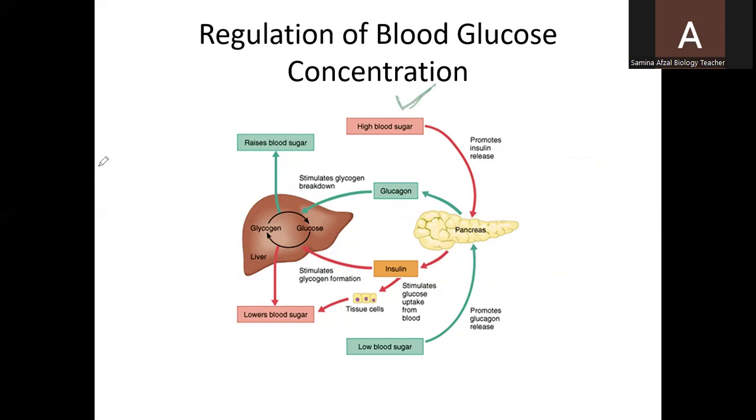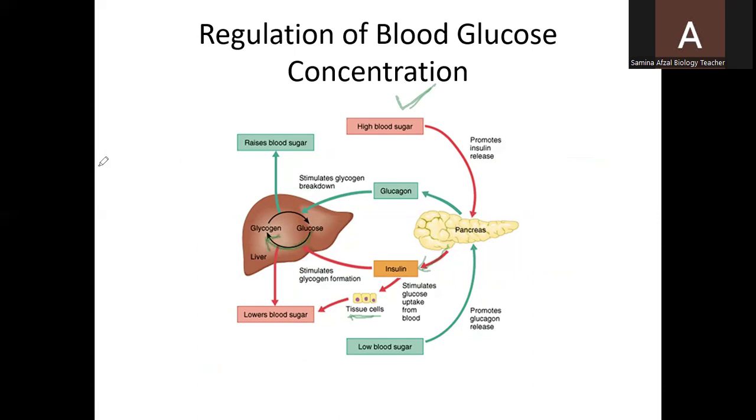It will start secreting the hormone called insulin. Insulin will stimulate glucose uptake from the blood. So the extra glucose will be taken up by the cells and tissues, and then this insulin is sent towards the liver, and in the liver, the extra glucose is changed into glycogen.